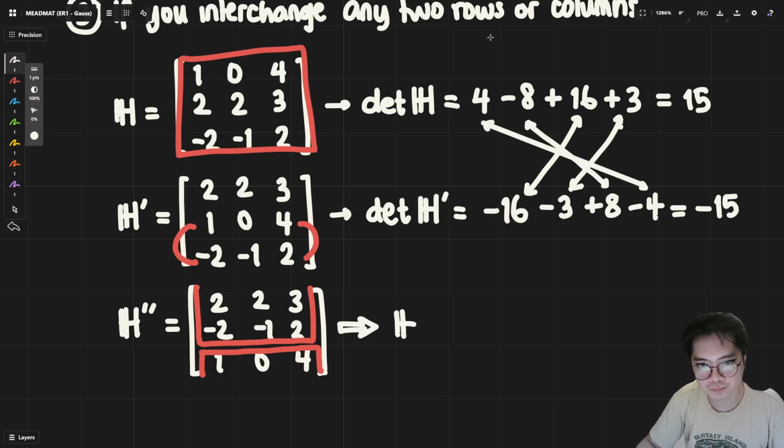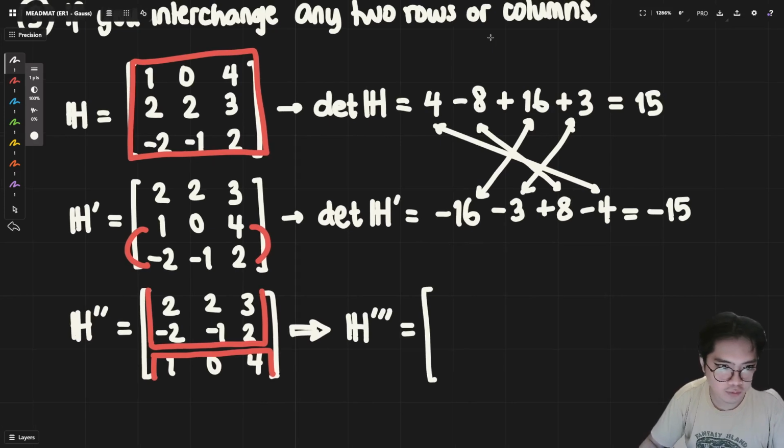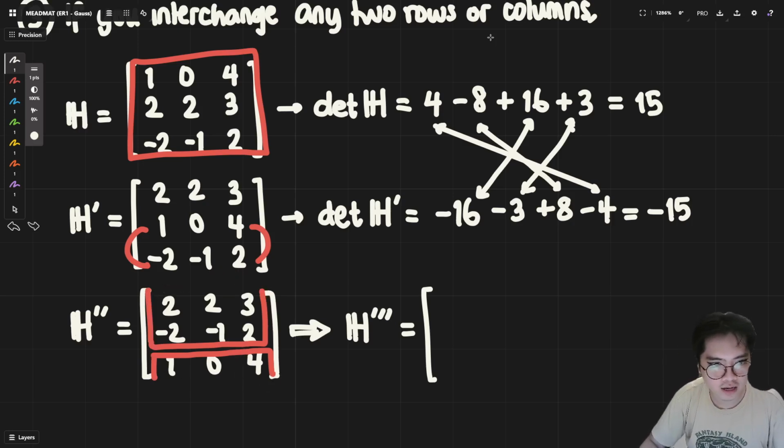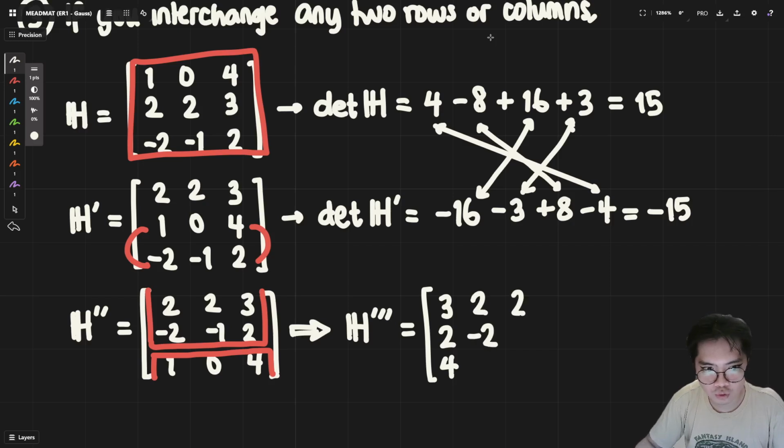So now H triple prime. I will now move these here, and I will move this to the other side. We will have 3, 2, 4, and then we will have 2, 2, -2, -1, 1, 0.